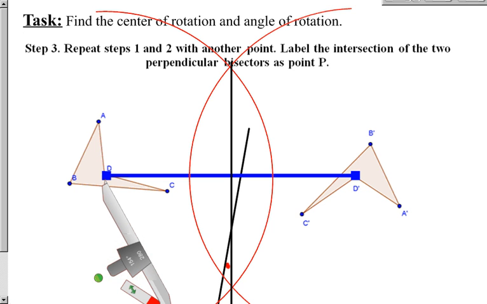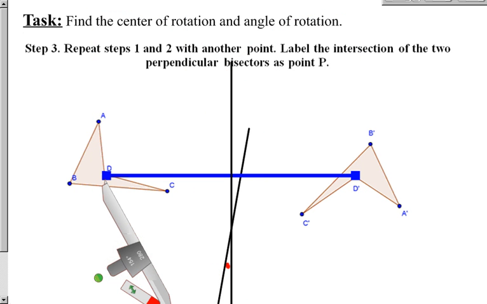And then let me also get rid of some of the unnecessary stuff. You don't have to, but let me get rid of that just for a clear picture illustration. So these two perpendicular bisectors intersect at this point right there. And that should be labeled as P, indicating that is the center.